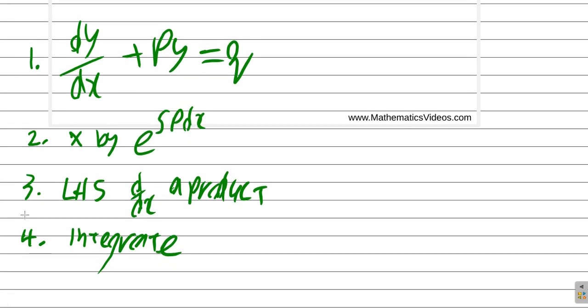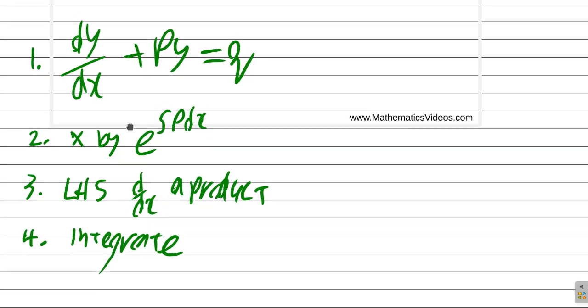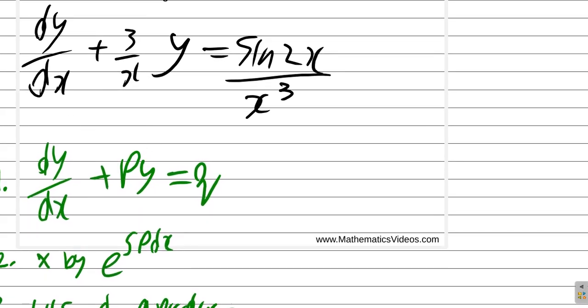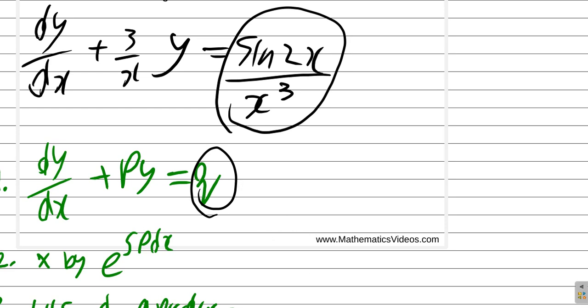So let's see what happens now. What are we going to do? Well, you already have it in the form dy/dx plus py equals q. p is 3 over x, and q is sin 2x over x cubed.